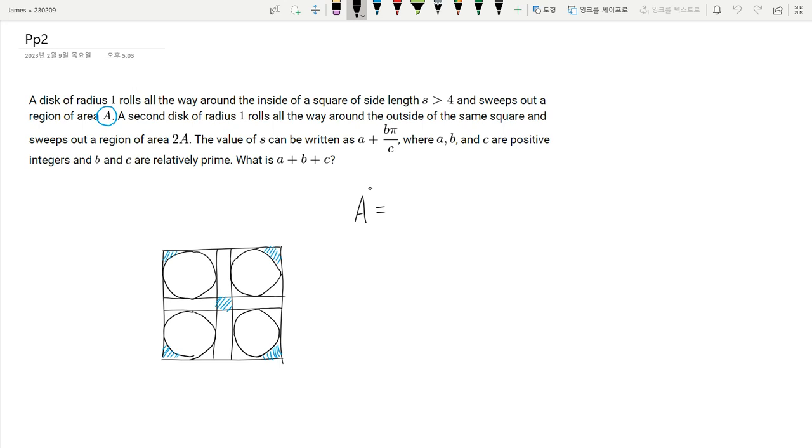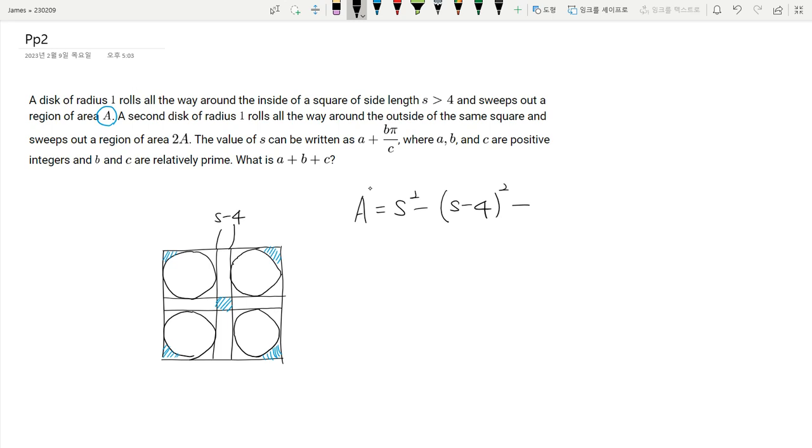Because the side length is s, the area is s squared, minus the middle small square, whose area is, because the disc's radius is 1, this length is s minus 4. And then we need to subtract 4 of these, the corners.